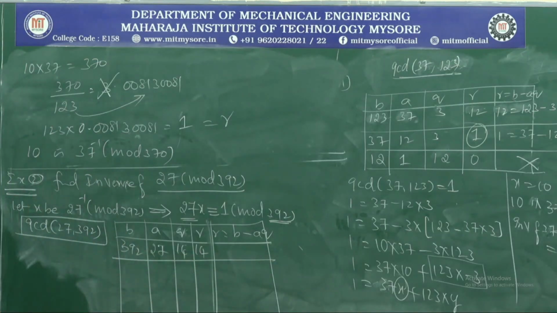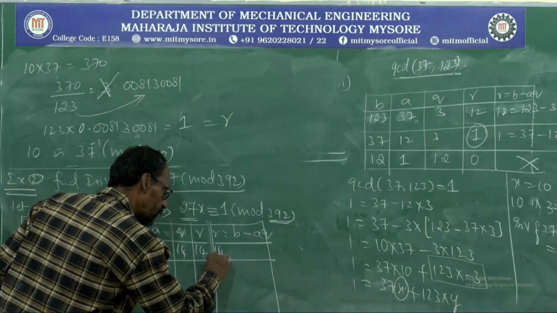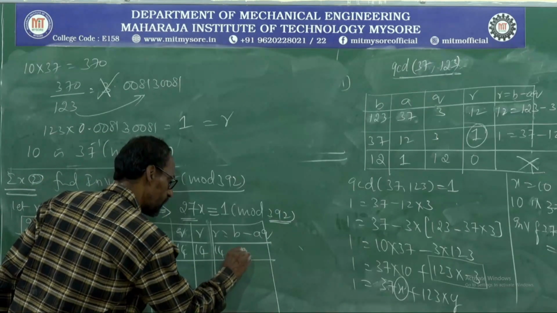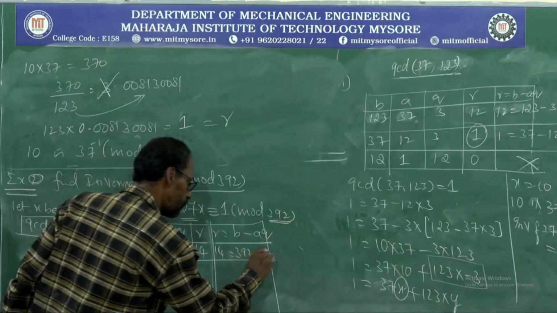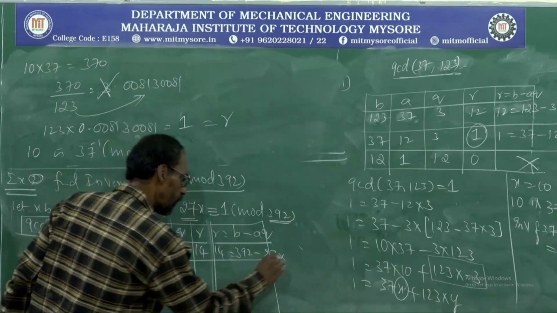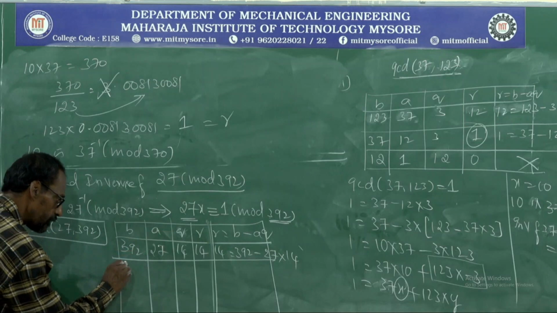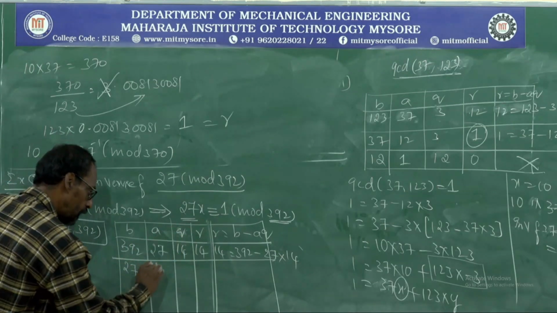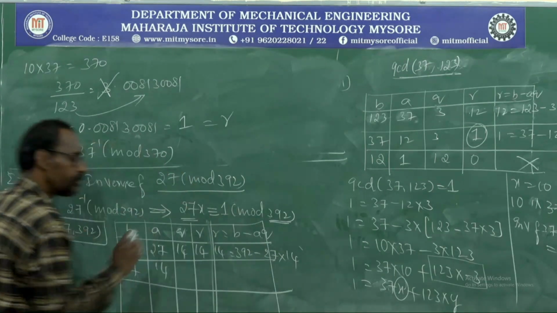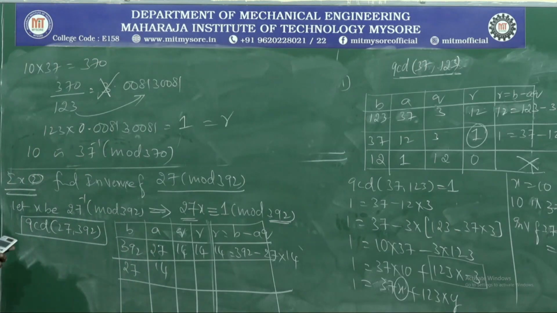Yes. So what is the R value? 14. What is the B value? 392. Minus, what is the A value? 27. What is the Q value? 14. Now push A, push R. Again apply the division algorithm. That is 27 divided by 14. The answer is 1.